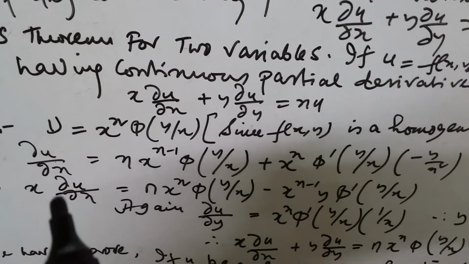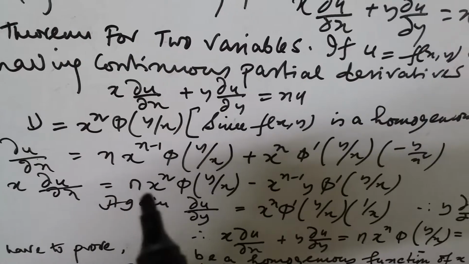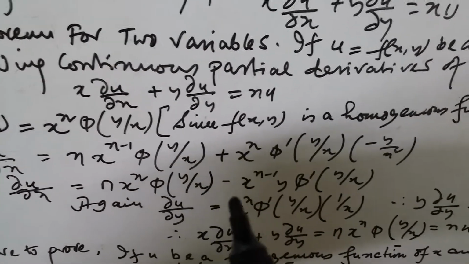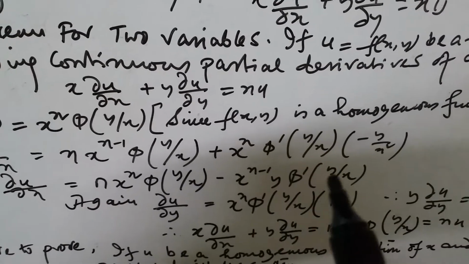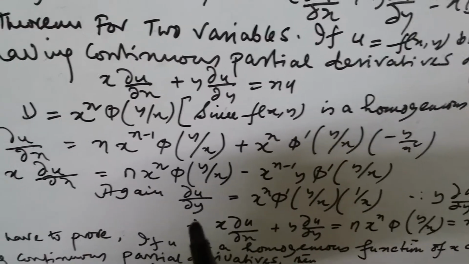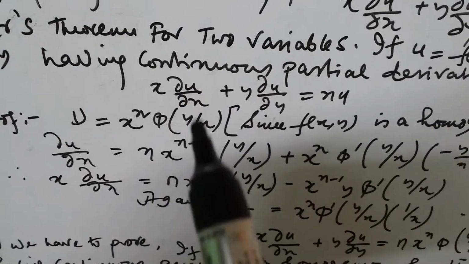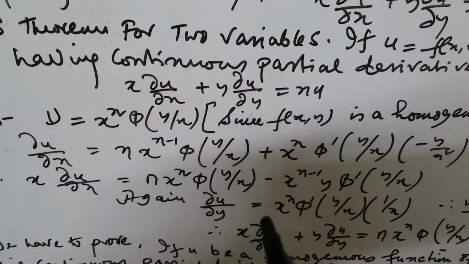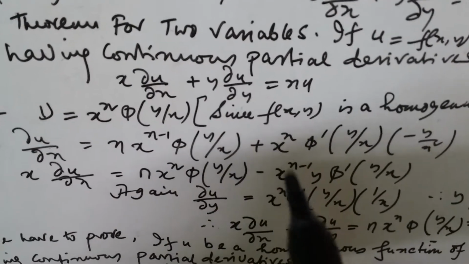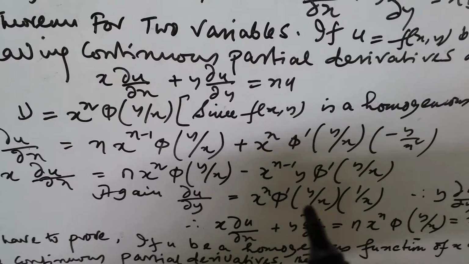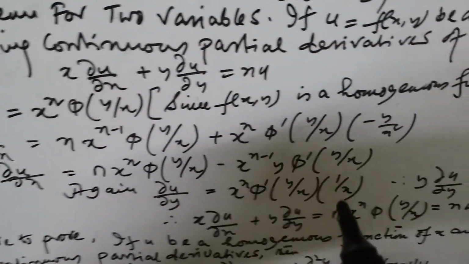So if you multiply by x, then x del u by del x is n x to the power n phi(y by x) minus x to the power n minus 1 y phi dash(y by x). Del u by del y, differentiating partially with respect to y, is x to the power n phi dash(y by x) times the derivative of y by x, which is 1 by x.